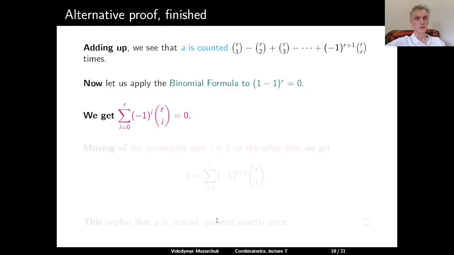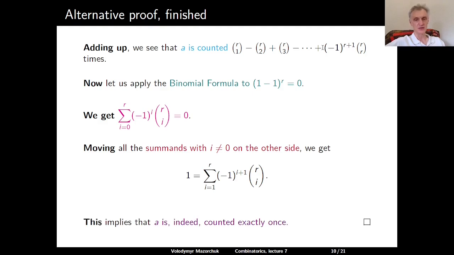Here we can move everything where the index is different from 0 to the right-hand side, and get that 1, the value of the expression where i is equal to 0, is equal to the sum over all i from 1 to r of minus 1 to the power i plus 1, r choose i. And that's exactly our long sum at the beginning. So each element a is indeed counted exactly once on the right-hand side of the inclusion-exclusion formula.